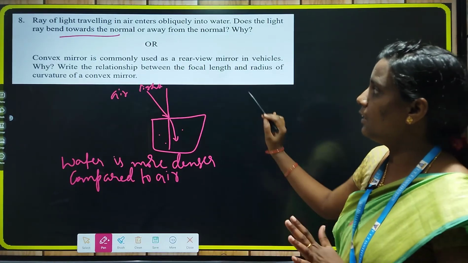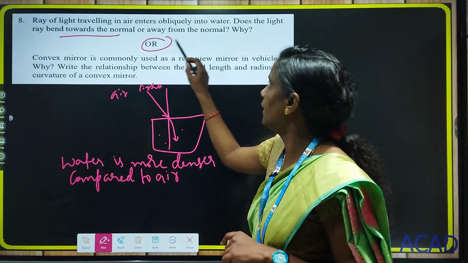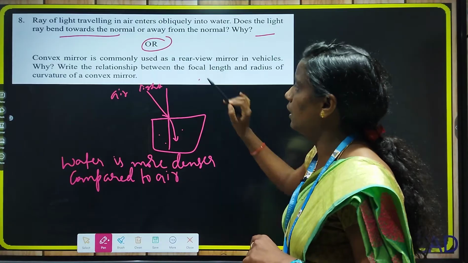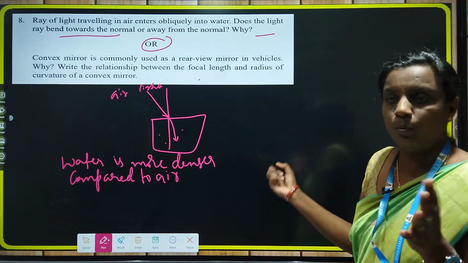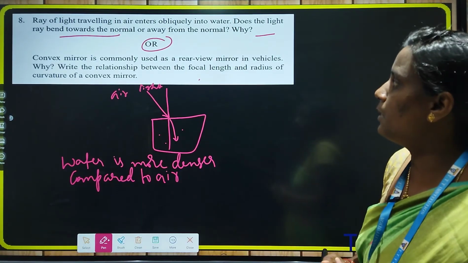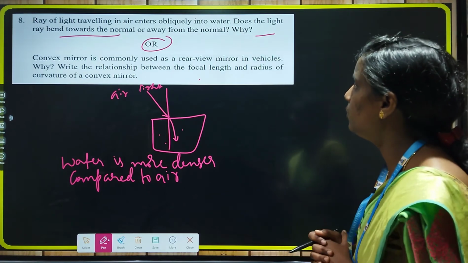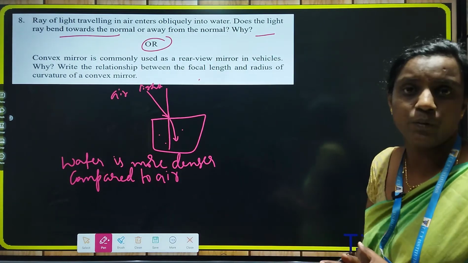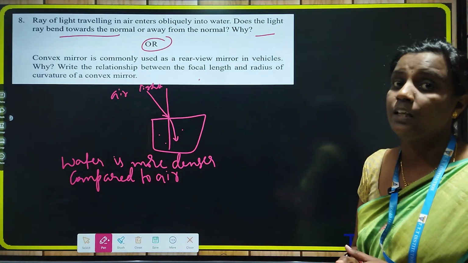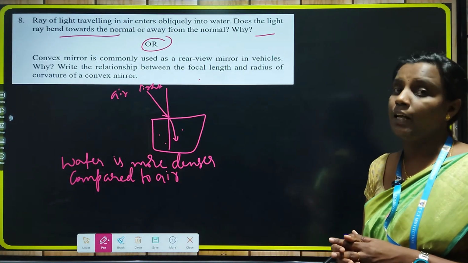Fine, children. Here in this 8th question you will have an option, either you can answer this question or the other option. So, we will discuss both. A convex mirror is commonly used as a rear view mirror in vehicles. Why convex mirror? Because it gives you a virtual and erect image.